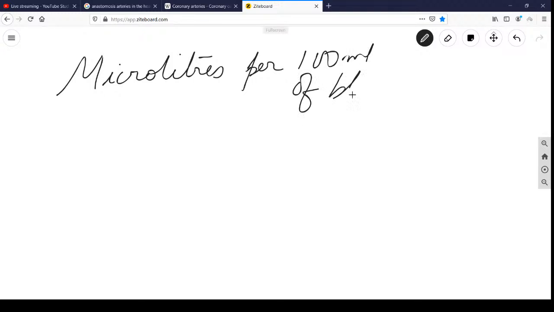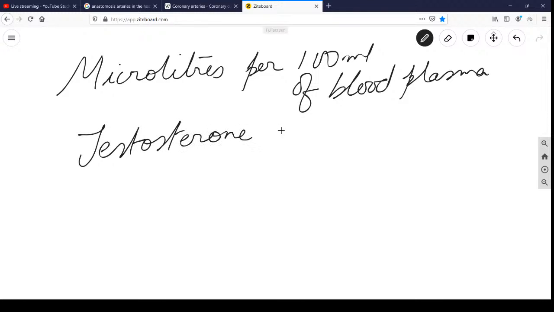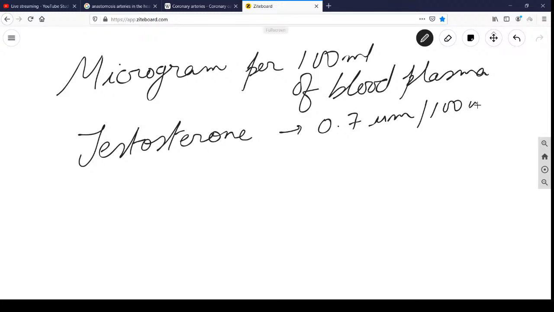Plasma means I've taken out the RBCs, but clotting factors remain, so it is plasma, not serum. Testosterone, the main androgen, is 0.7 micrograms per 100 ml of blood plasma. That is the concentration of testosterone.